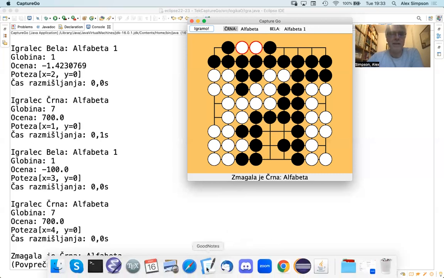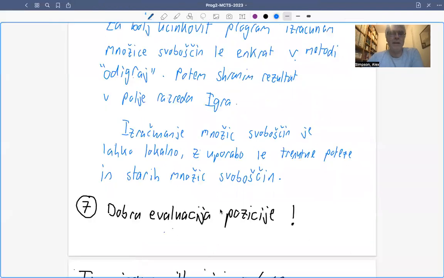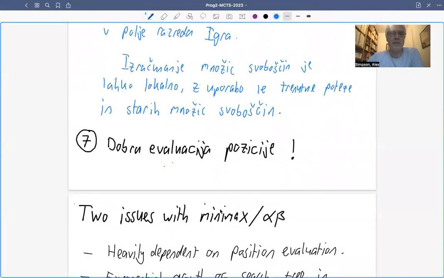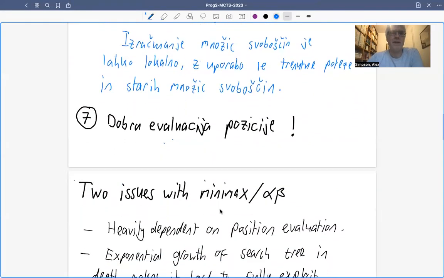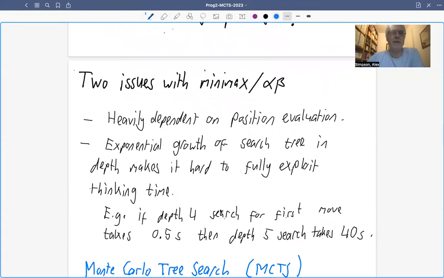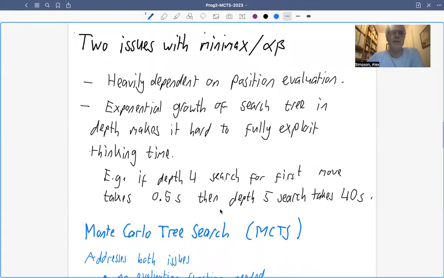Okay, so that's suggestions for improving alphabeta. For the second part, I want to go to something completely different, which will address 2 possible issues that exist with the minimax alpha beta approach.